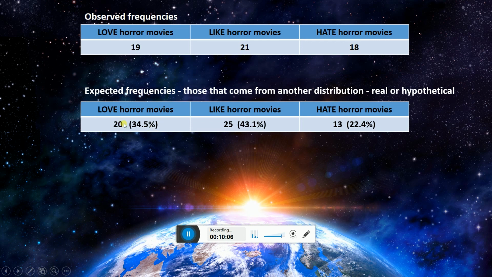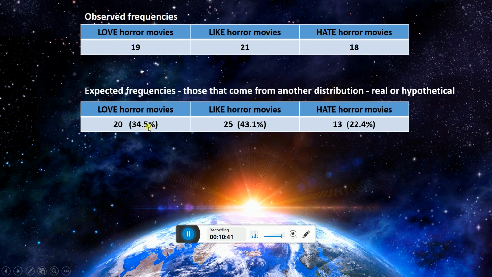But remember that we need the frequencies out of 58. So in order to get the frequencies out of 58, because we want to know what would that look like in our sample, you have to take the 34.5% and figure out what 34.5% of 58 would be. So essentially you move the decimal point over, 0.345 times 58, and you get the frequency out of 58.